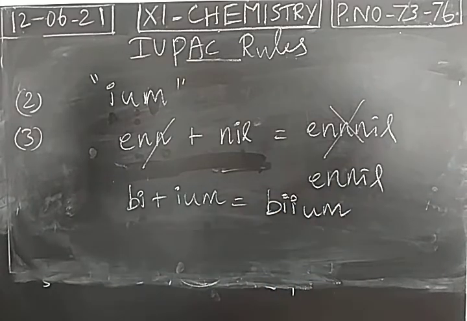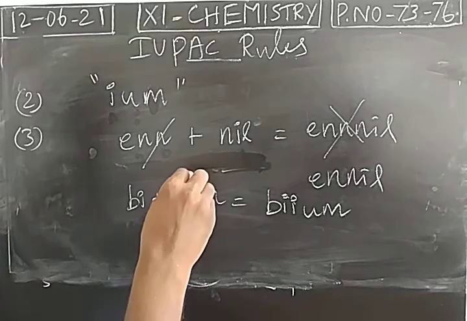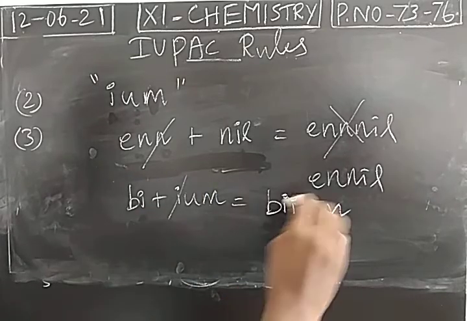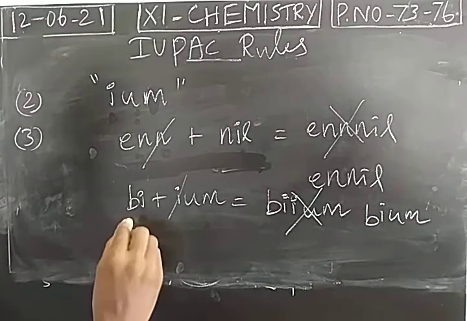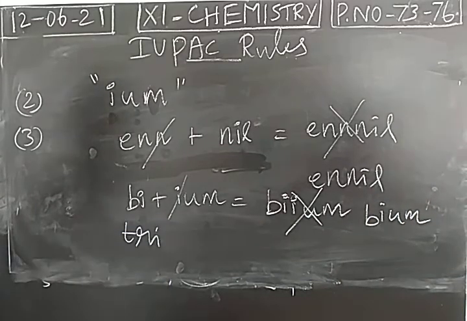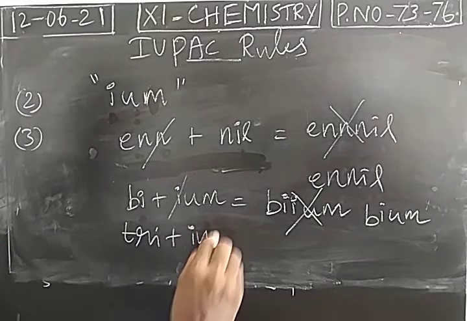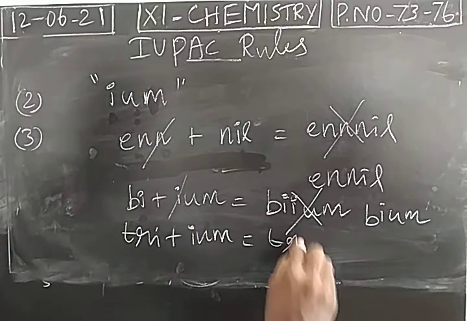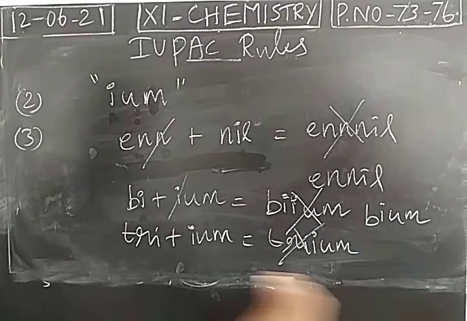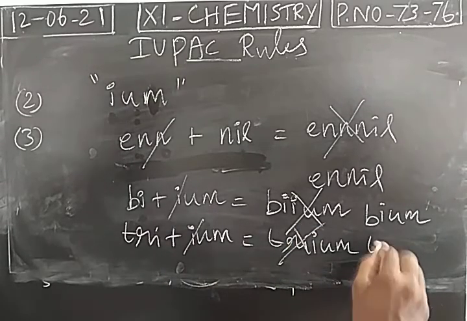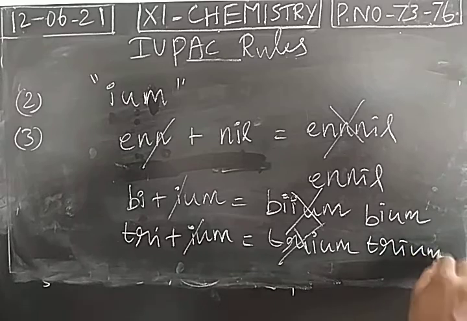Here you can strike out one I, so this can be written as bium. The same way, if you combine tri with suffix ium, no need to write it as triium. To strike out I, it can be written as trium.